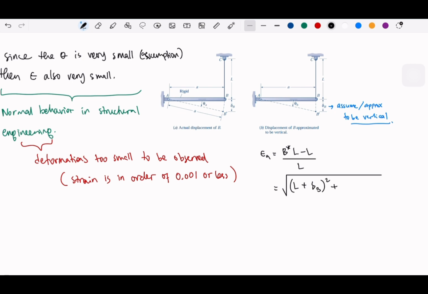And taking the Pythagorean, this will be A1 minus cosine theta A squared minus L divided by L.